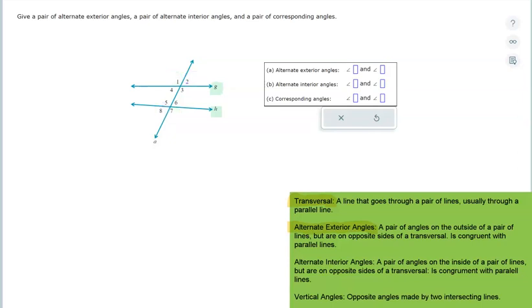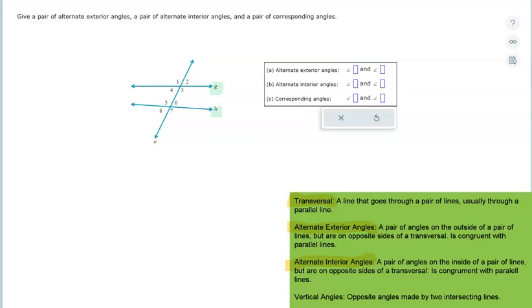Next one is alternate interior angles, which is similar to alternate exterior angles, but they are a pair of angles on the inside of parallel lines, but on the opposite side of a transversal. Is congruent, and you see a little typo there, is congruent with parallel lines.